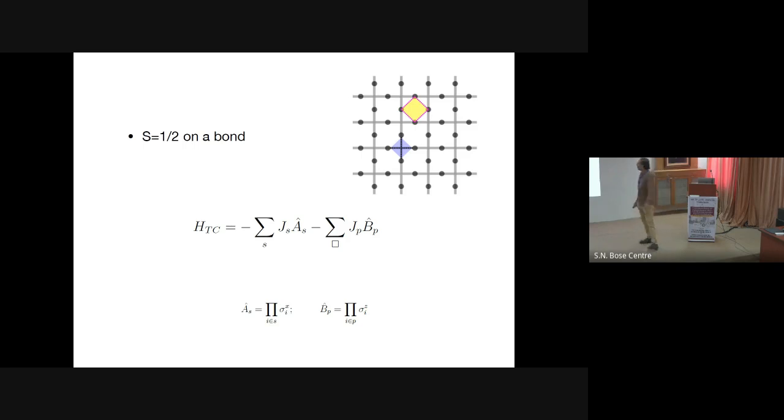So this Hamiltonian would look very artificial, and it is, as far as we understand. I mean, it's not very artificial, but it's somewhat different from the Hamiltonian that I just wrote down. But the advantage is that it is exactly solvable, whereas the Hamiltonians that I wrote down are mostly not solvable exactly.